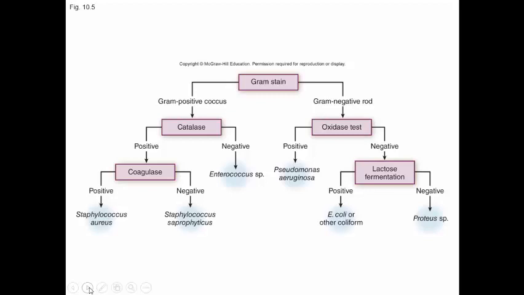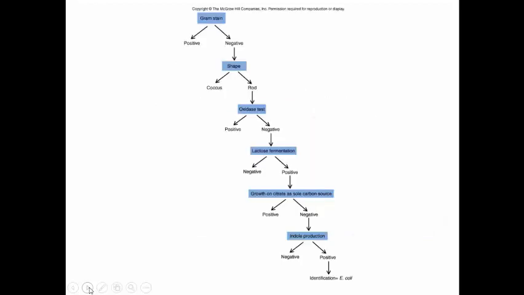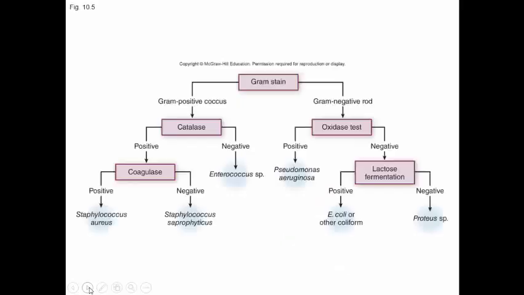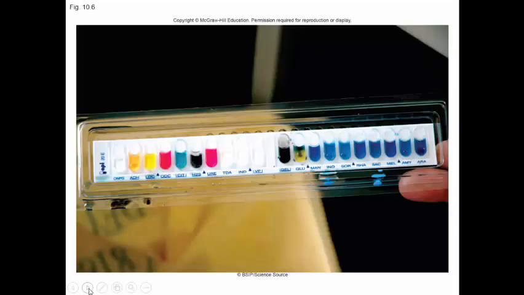Now, there are some commercial test kits that combine biochemical tests basically to reduce the identification time and improve the accuracy of the identification of the organism. Okay? A lot of these are put together in nice little kits. Here's another example of a dichotomous key, and you can see how that's moving downward. Here is a test.